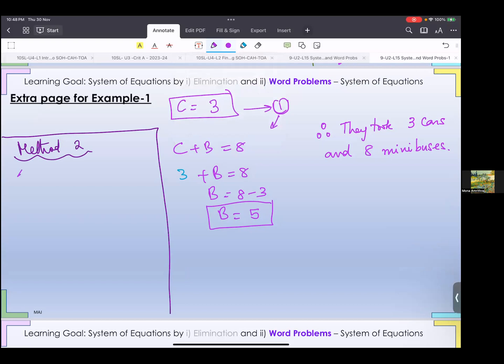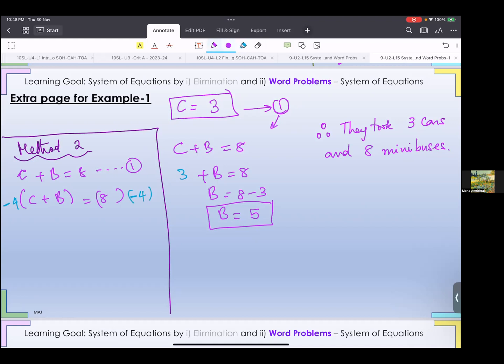You have C plus B equals 8. That's equation 1. Multiply the equation by 4, all right? Actually, I'm going to multiply by -4 because I have a positive 4C in the next equation. -4 times C plus B equals 8 times -4. Okay.